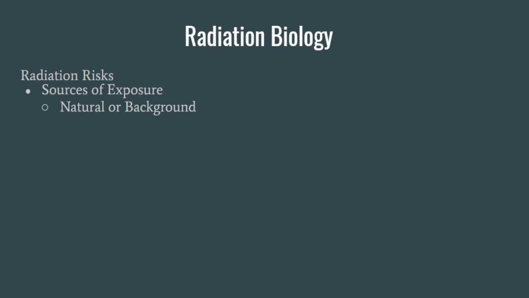The first one I want to talk about is cosmic exposure. This comes from outer space and the sun. Where you are basically determines how much of that radiation you are going to receive. Places at a higher altitude are going to have more naturally occurring cosmic exposure than those at lower altitudes.